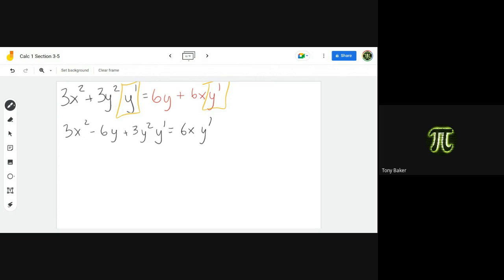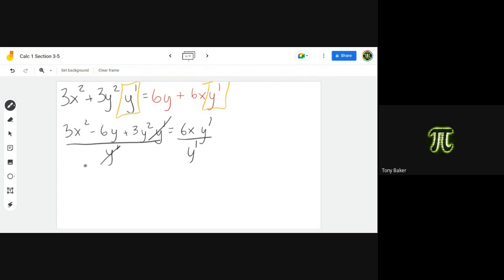I could. However, I still have a y prime on this side. No. Because if I divided both sides by y prime, I'm going to have y prime under here. Right. But if I divide this side, I have to divide this side.